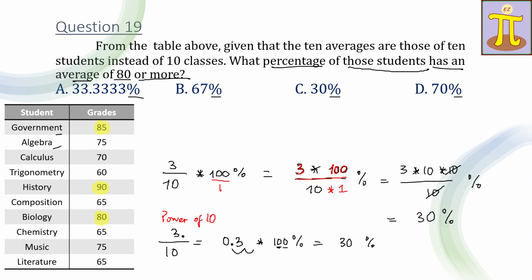Anything times 1 is that thing. That's why I'm not writing that down. So we have it like that, and then break it down and cancel, and then we have the answer. Just choose the way that is easy for you to work with. So the correct answer is C.